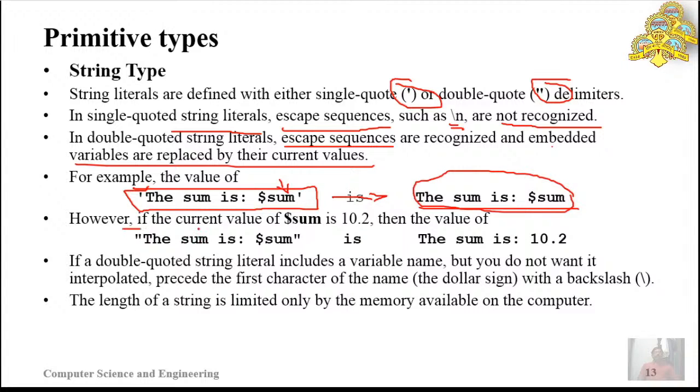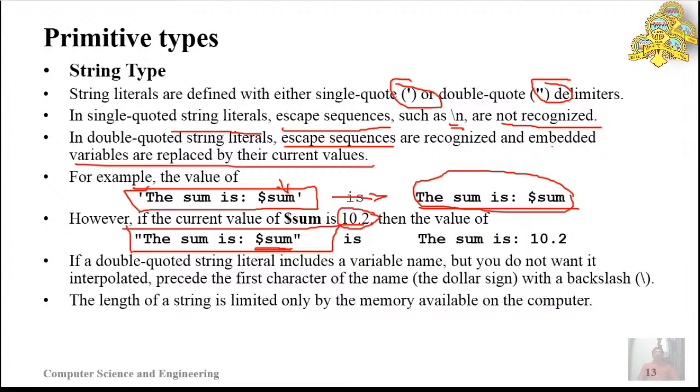But if the same string is enclosed between a pair of double quotes, here double quotes are used, then the PHP processor will process the escape characters or escape sequences and also the embedded variable name. Assume that 10.2 is stored in a variable dollar sum.